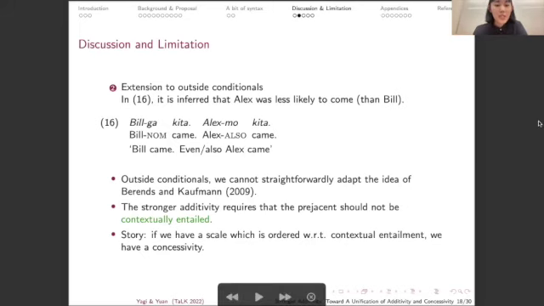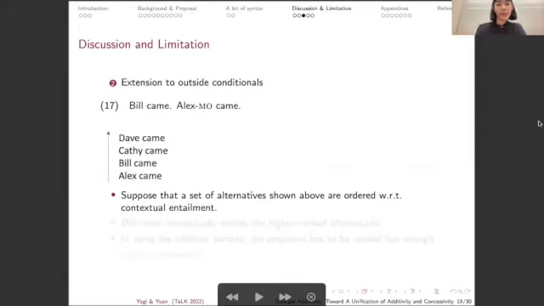Okay. So again, here we have a scale. Suppose that if Alex came, it's generally the case that Bill came, Kathy came, Dave came. So this is like a scale with respect to contextual entailment.